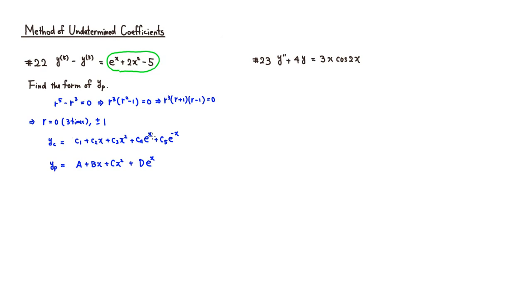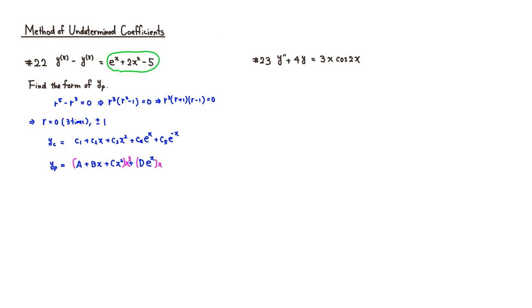But since we already have a constant term, the x term and the x squared term in the complementary solution, we have to take these and multiply by x to some power so that it wouldn't have any overlap. Which means that we're going to have to multiply this by x cubed, so that it wouldn't have overlap. And the same thing here, e to the x has an overlap with the complementary function, so we would have to multiply this by x.